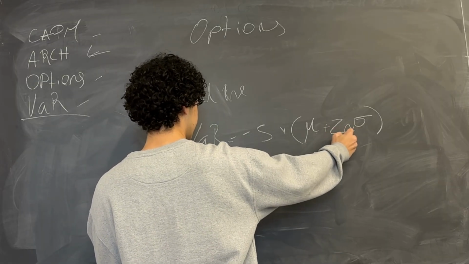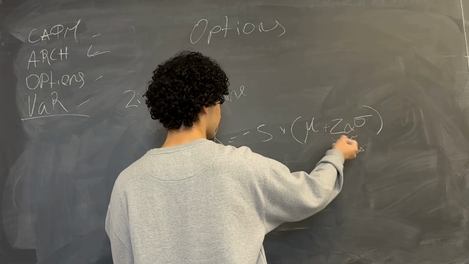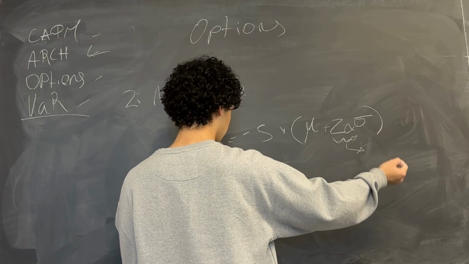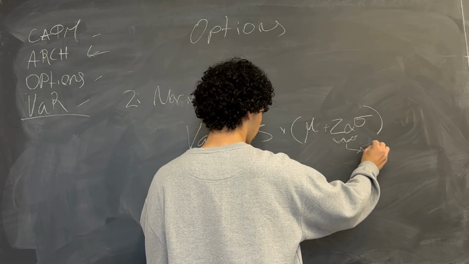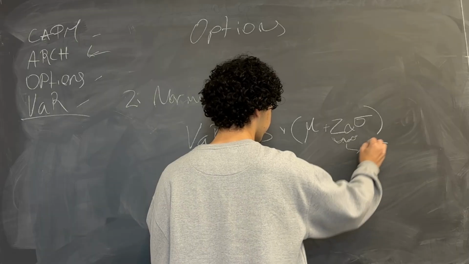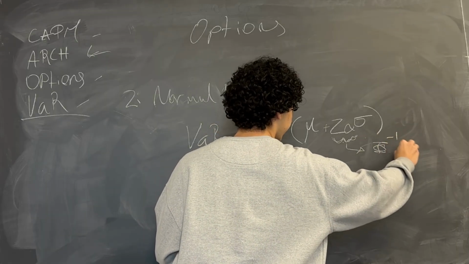Here Z_a is just the z-score of whatever a is, taken as negative.